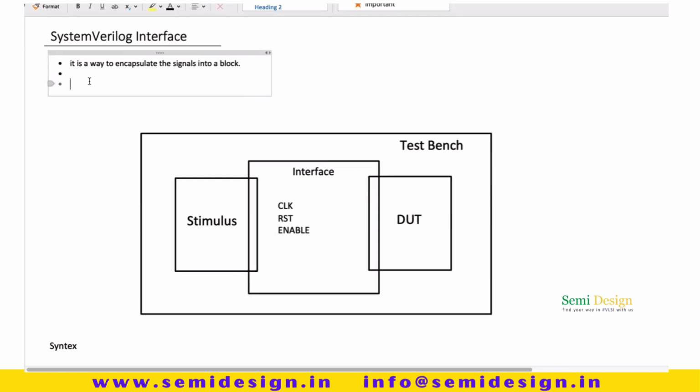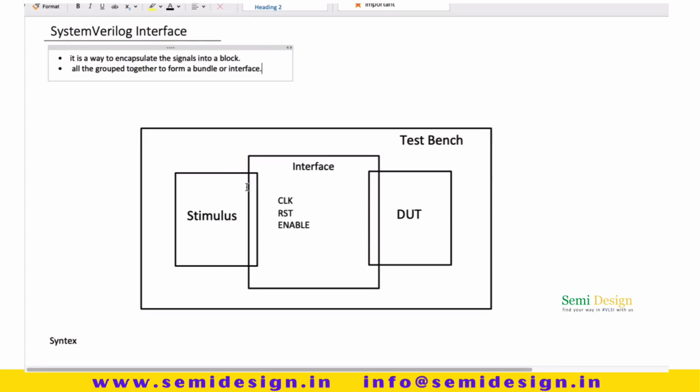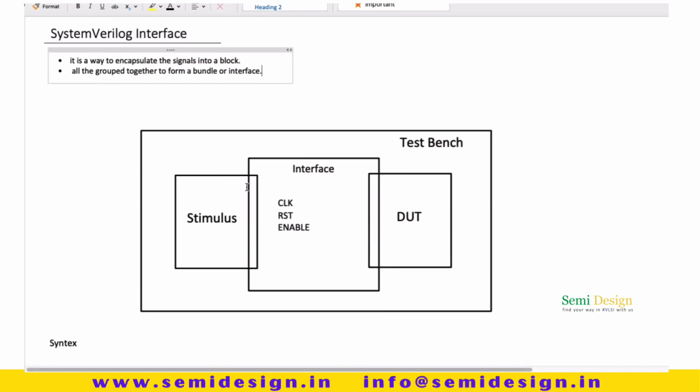In a simple way we can define it like this: all the signals are grouped together to form a bundle, or interface. So this is the basic understanding or concept of an interface.